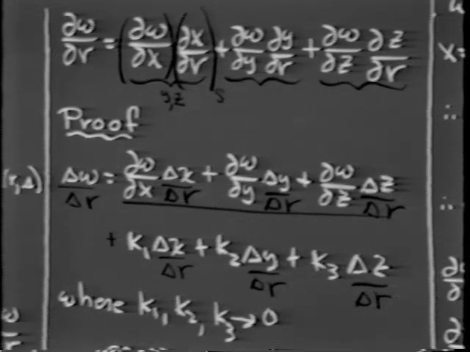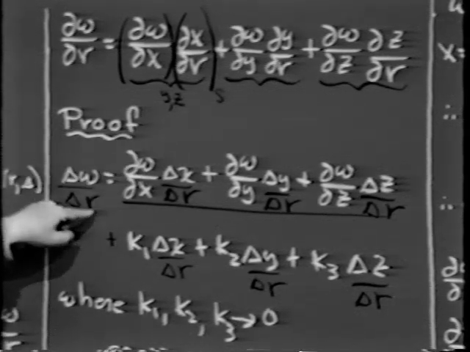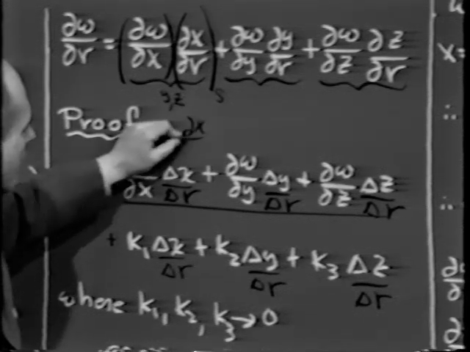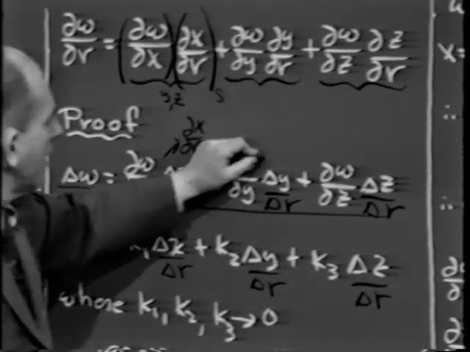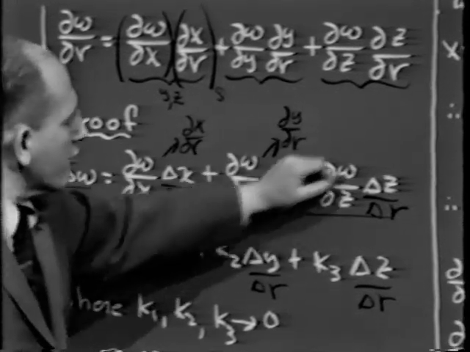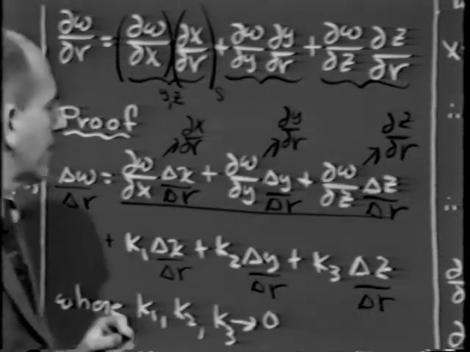I have to take the limit as delta R approaches 0. Now the interesting point is, as delta R approaches 0, holding S fixed, this term obviously becomes the partial of x with respect to R by definition. This term becomes the partial of y with respect to R by definition. And this term becomes the partial of z with respect to R by definition.